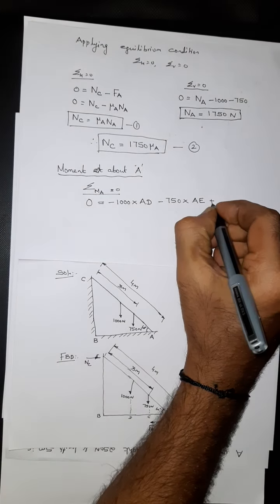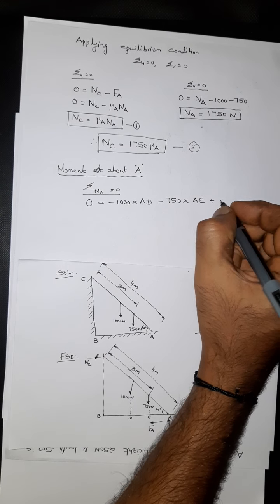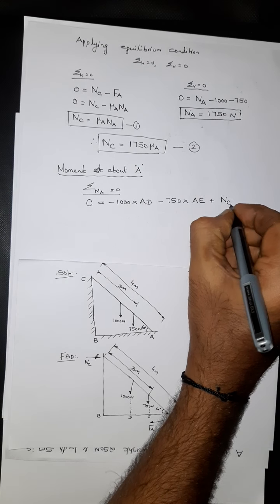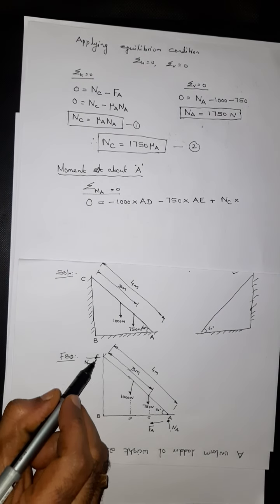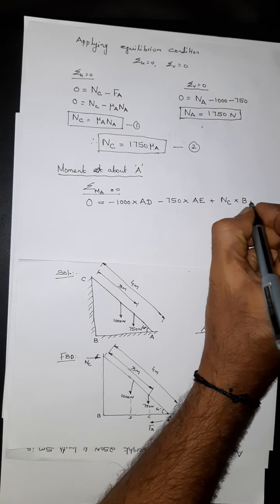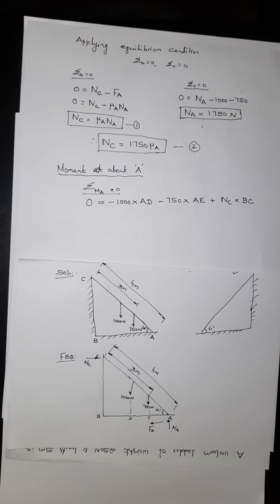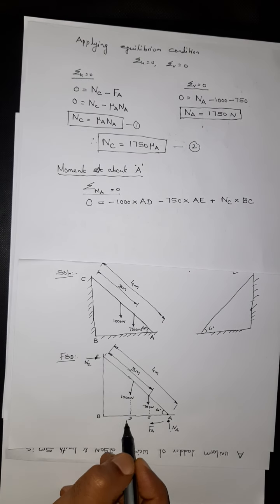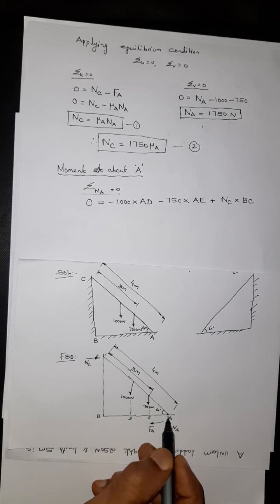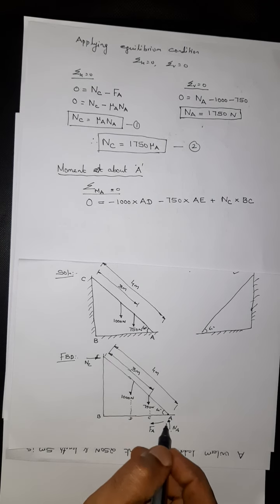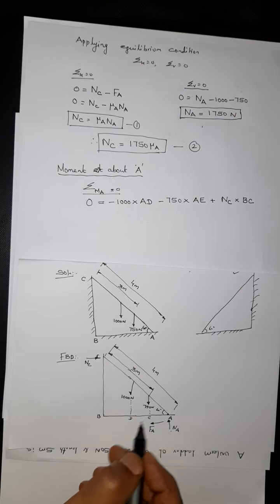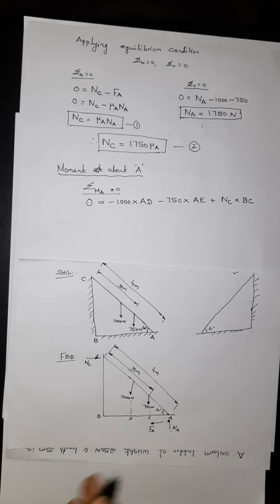So it will carry the positive sign, NC into its perpendicular distance, which is BC. We don't know the distances AD, AE and BC, but I can arrive at their values.